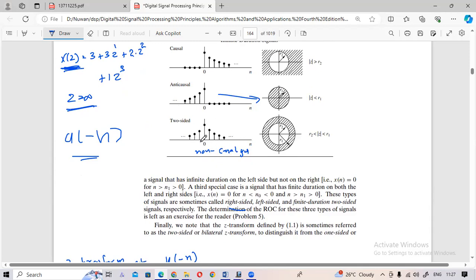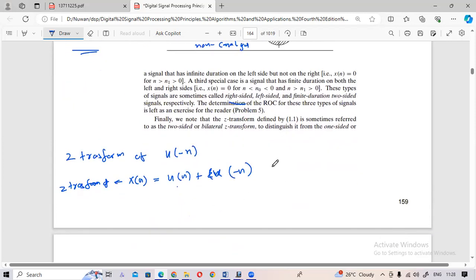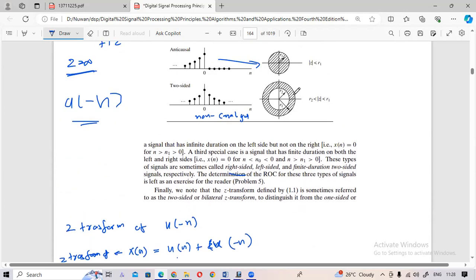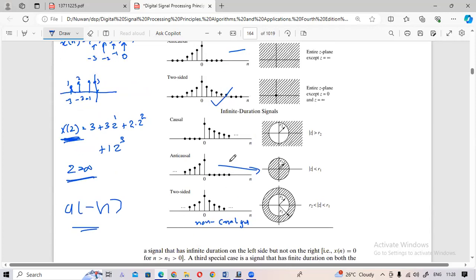If it is two-sided, it is referred to as non-causal, as I can remember, so you can check it. This is one example of a two-sided signal. Try to find its Z transform, and then you will get this kind of result, and the ROC will be this. So I think now you can understand the story behind this.